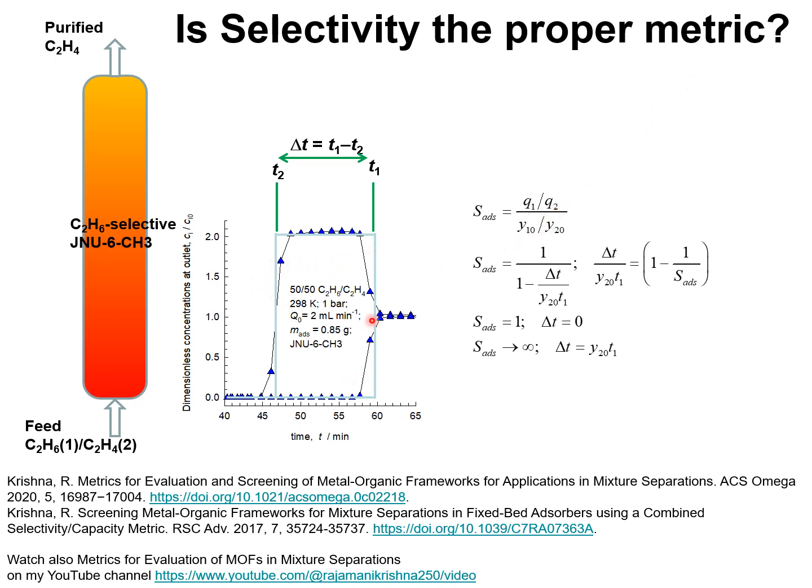From the shock wave model, the expression for the adsorption selectivity can be derived in terms of the breakthrough times T1 and T2 for ethane and ethene respectively, and delta T is the time interval between the breakthrough of ethane and ethene.